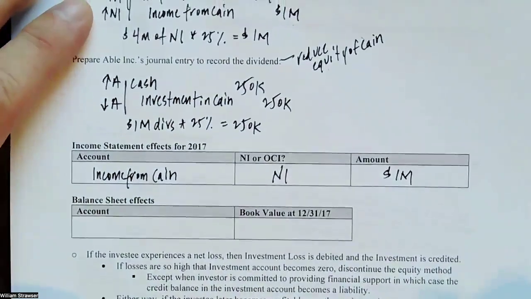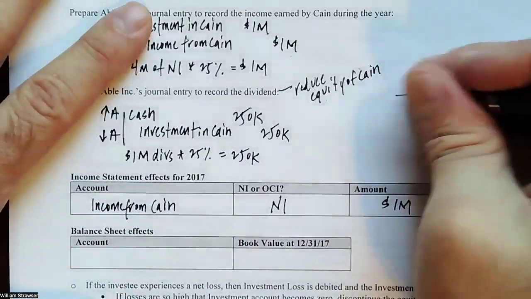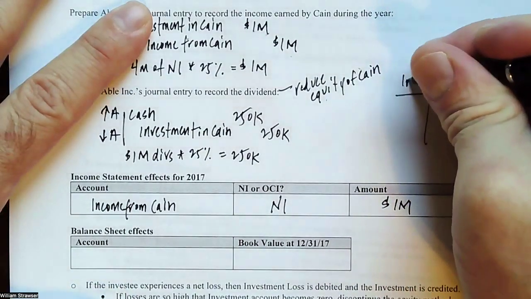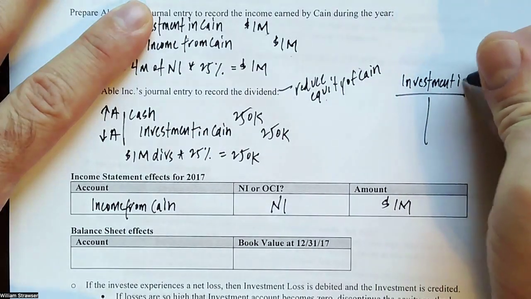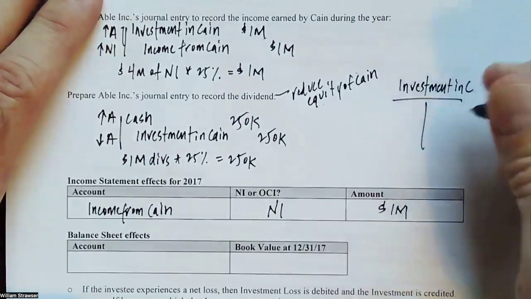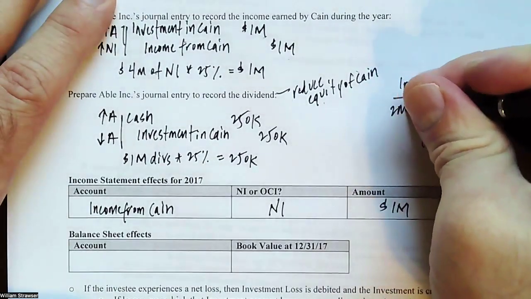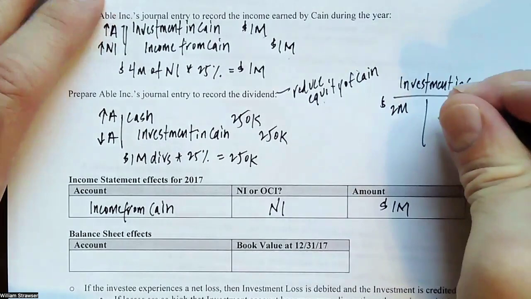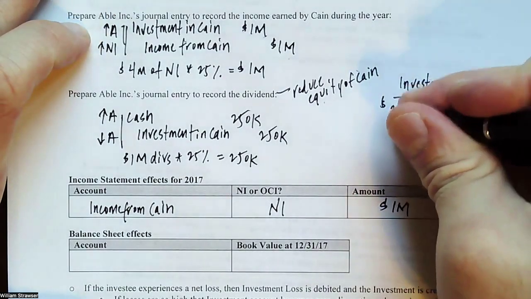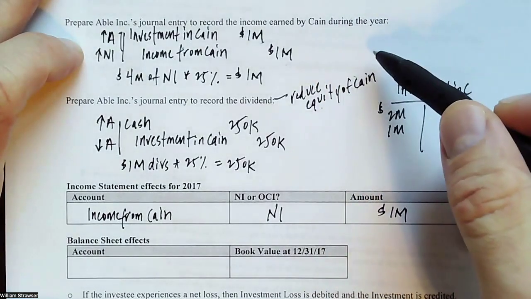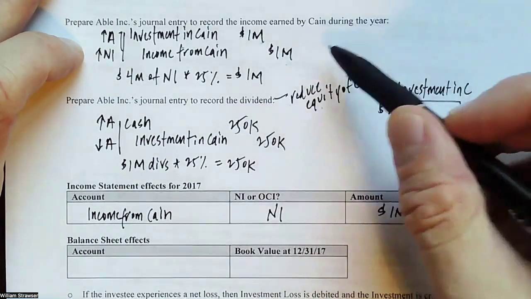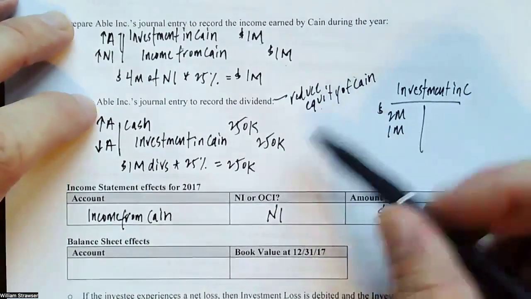And what is the book value of our investment in Kane? Well, we can just make a quick T account here. We started at 2 million. We debited that by 1 million when Kane recorded net income and increased the overall equity through that income.